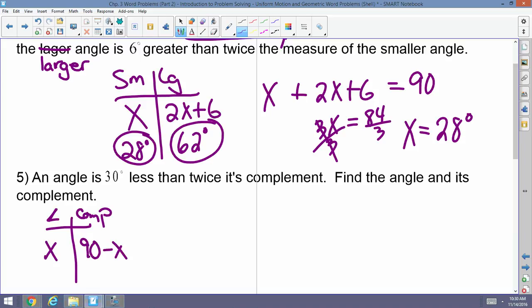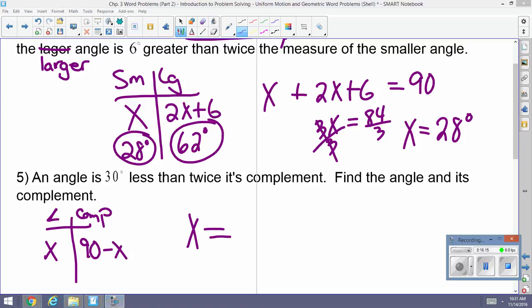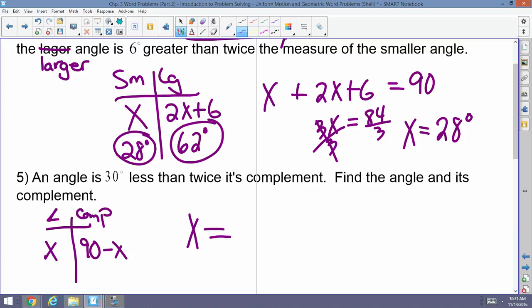So now, an angle, so who's the angle? An angle is 30 less than twice its complement. Okay, so, sorry about that.